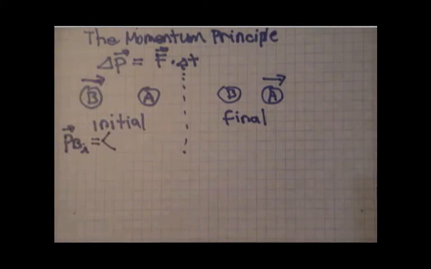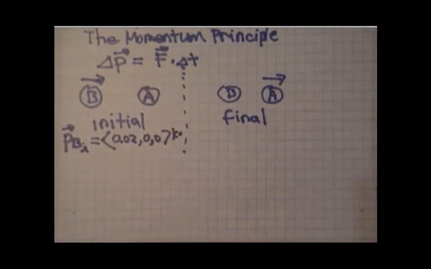But the momentum in this case is all in the x direction. B is moving horizontally to the right. There's no y or z component to the momentum. So the x component has a value of 0.02 units of momentum, and the y and the z components of ball B's momentum in the initial case are 0, and the units here, remember, for momentum are kilograms meters per second.